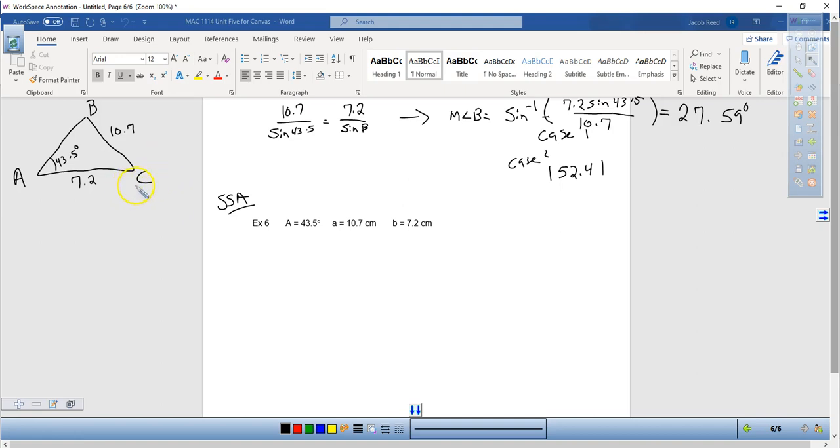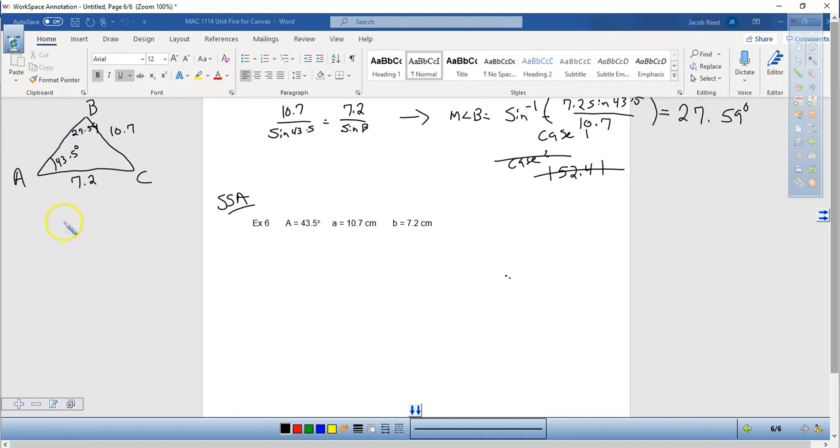The other thing we need to look at is that across from angle A being 43.5 degrees is 10.7. And across from B is 7.2. Since the side across from B is smaller than the side across from A, B has to be an angle that is smaller than angle A. That means case 2 would never work. It has to be smaller. Therefore, B can only be 27.59.